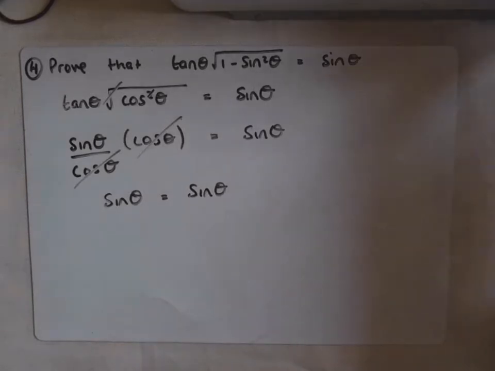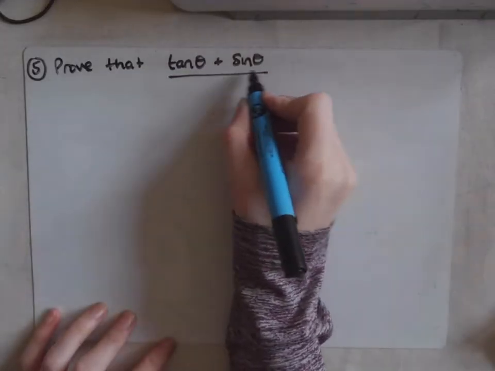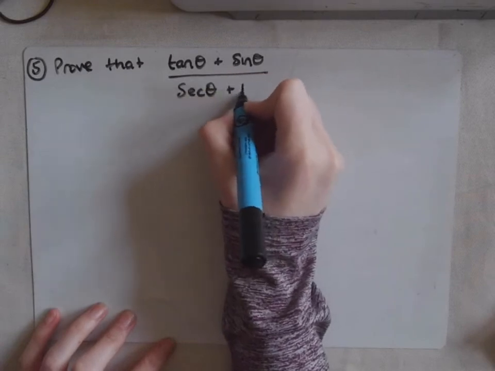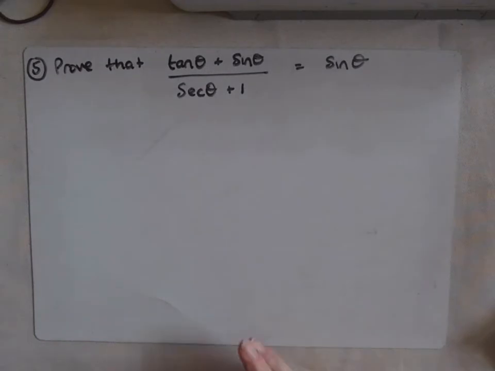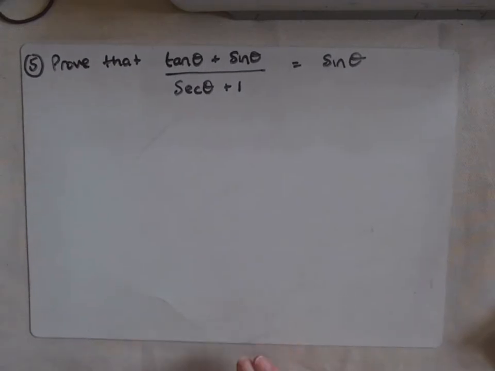Number 5. Okay, so prove that tan of theta plus sine of theta over sec of theta plus 1 is sine of theta.